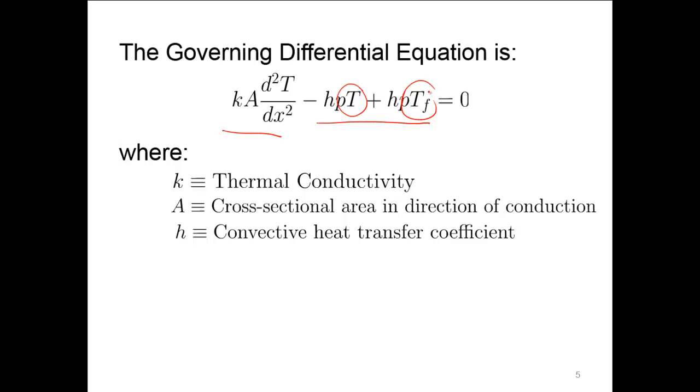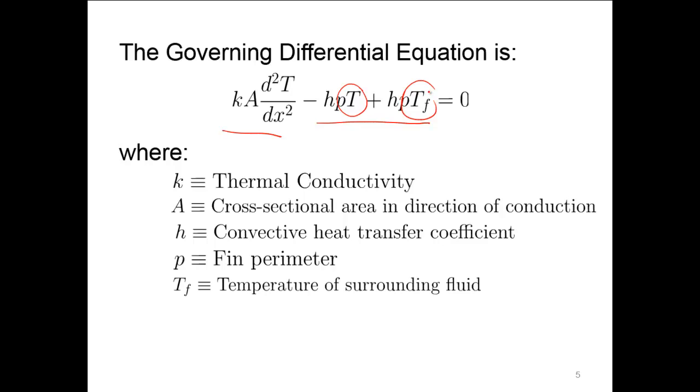H is the convective heat transfer coefficient, and P is the fin perimeter, so that accounts for the heat loss from the surfaces of the fin. T_F is the temperature of the surrounding fluid. And T_B is the temperature of the base, which is the source, not shown in this equation, but will come up as we go through this.